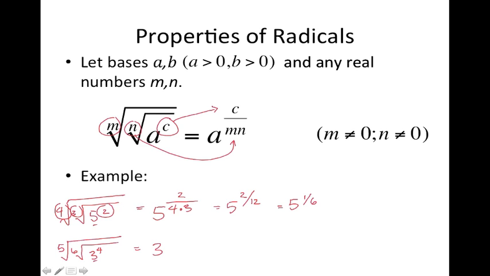The numerator of this new power, the power that goes here, is going to be 4. And then your m is 5, and your n is 6. So you have in the denominator 5 times 6. And so you're going to end up with 3 to the 4 over 30.